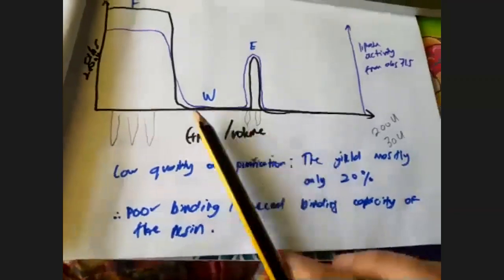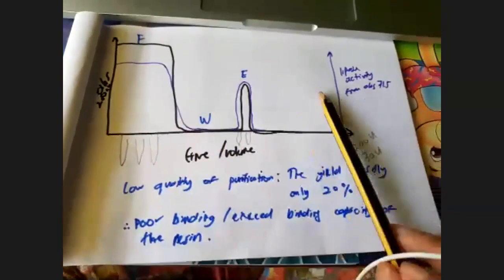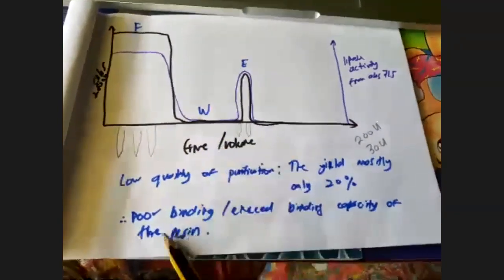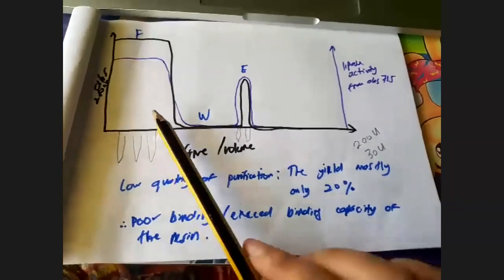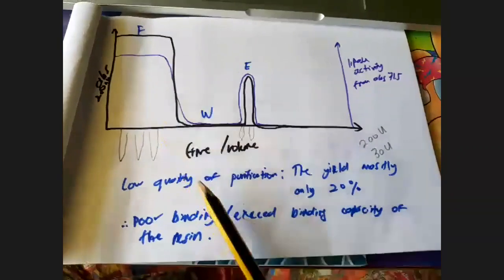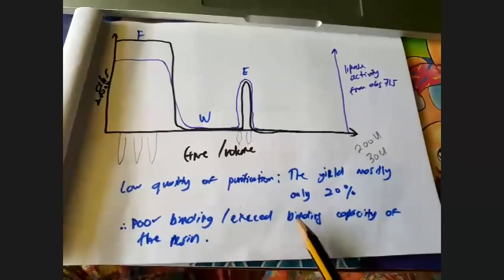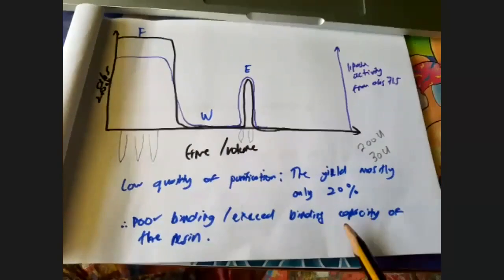Okay, so what can be discussed here? What can we say here? I would say it is poor binding of the matrix that we used in the column. It exceeds the binding capacity of the resin.